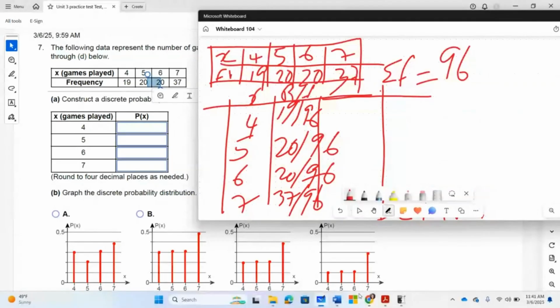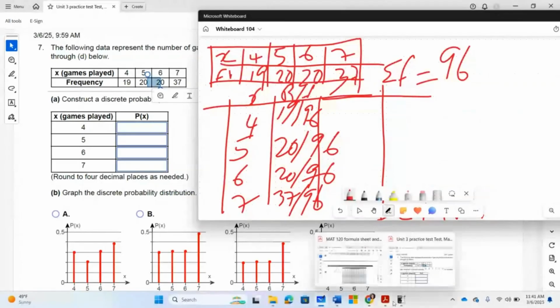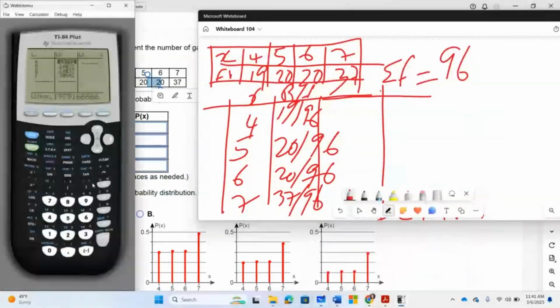So approximately this is 0.197, so let's make it approximately 0.2. The other one is 0.21.